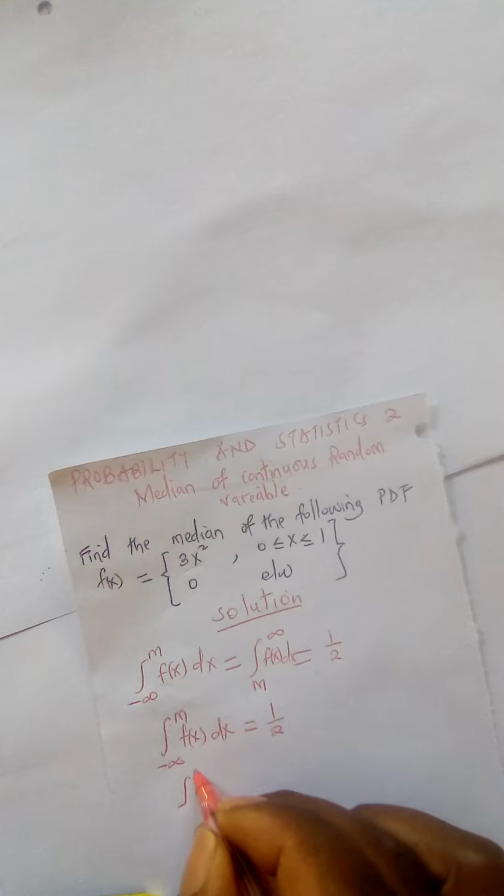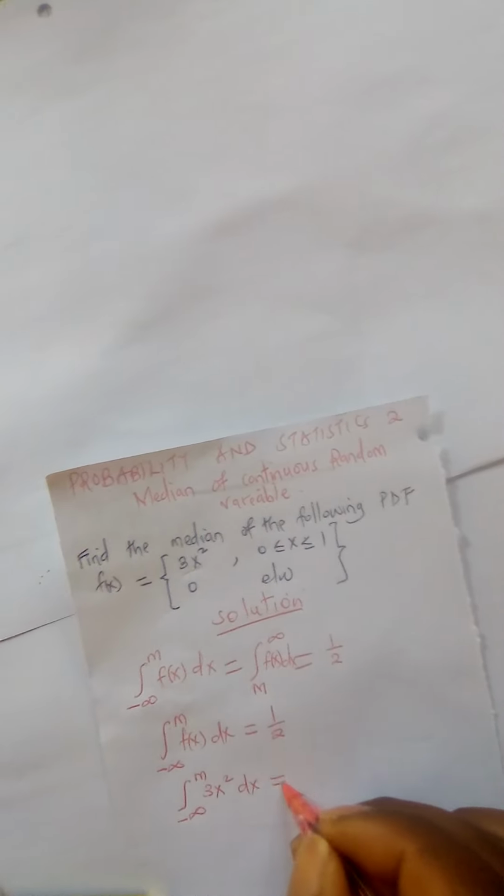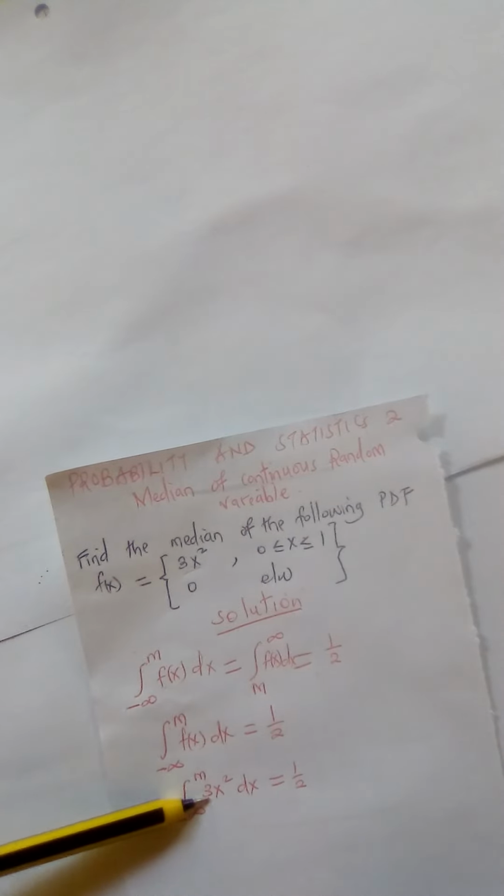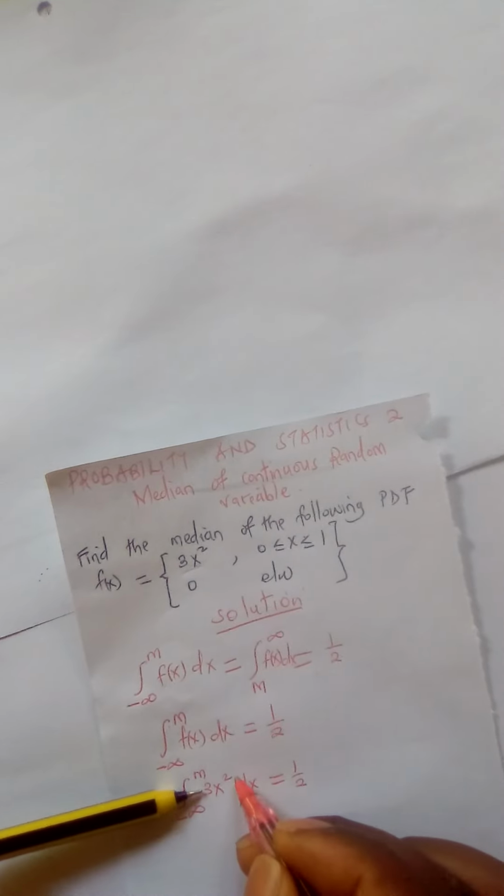So you will put an integration sign that way, then m and negative infinity there, then 3x squared dx, because we are integrating in terms of x, equals a half. Now after that, your work is very simple, because you are just required to integrate 3x squared, and when you do so, just add 1 to the power.